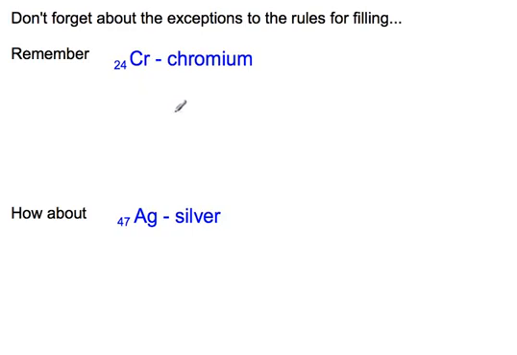Now, just a couple more to practice. How about chromium? Let's do the full electron configuration for chromium. Again, as an exception, chromium, colon, 1s2, 2s2, 2p6, that's neon, 3s2, 3p6, that's argon.